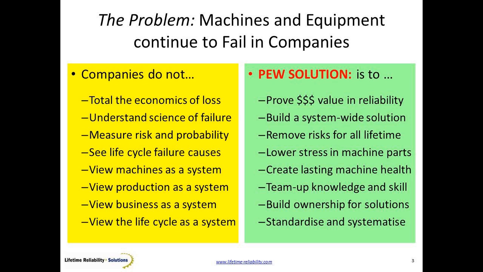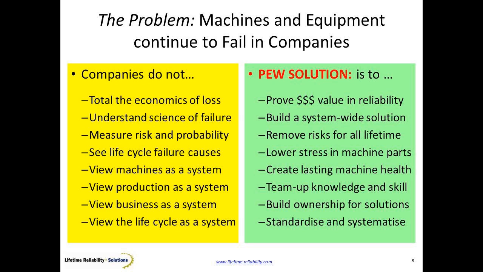They don't know how much money they're actually losing because nobody sees the nebulous part of the life cycle impacts. They do not understand the science of failure, why things break, how they break, and what to do about that. They don't measure risk and probability of risk. They don't understand the odds. They're rolling dice, not understanding what the numbers that pop up mean to them.